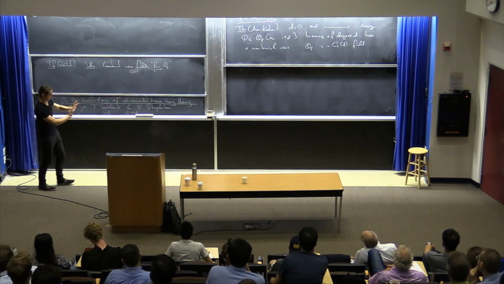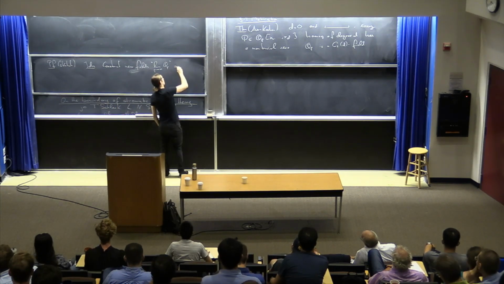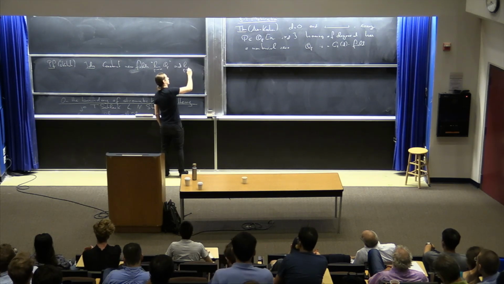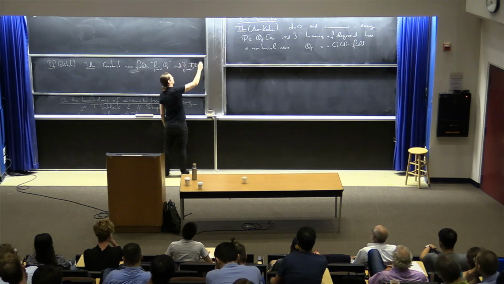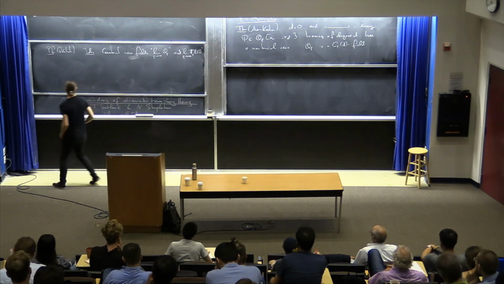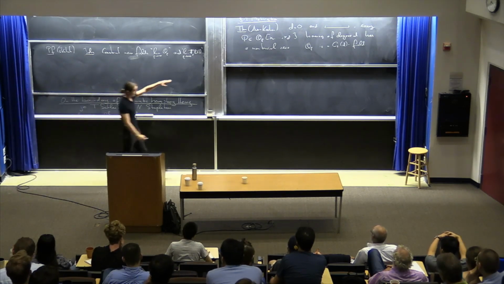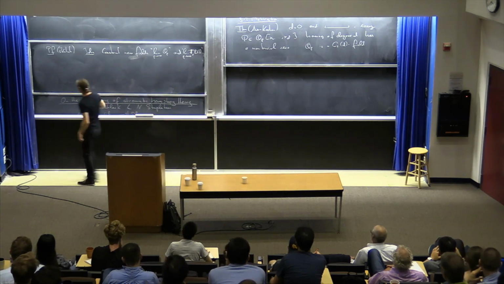Right now, I just want to highlight the properties they have and how to use them, and also the function field analog of those. So now, here's how you prove this result. First of all, the analog of this result was known in the function field case. There's a theorem of Lang.